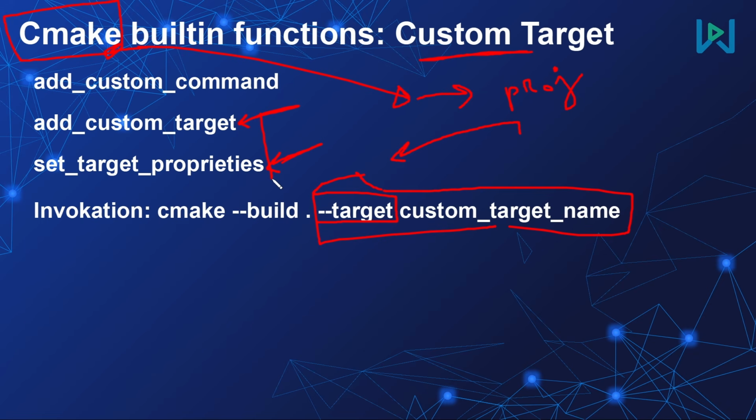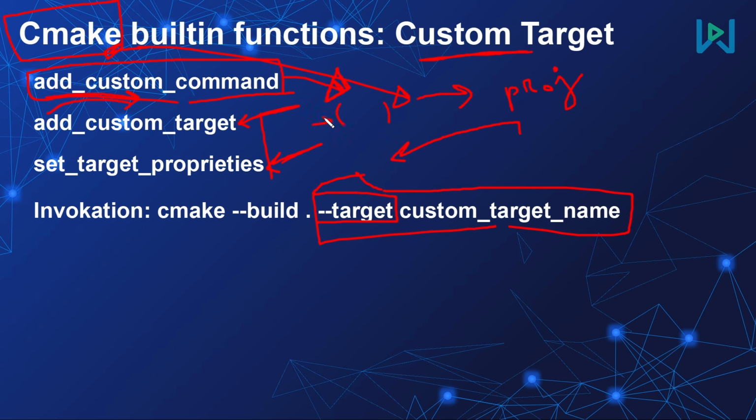Now, beside adding those custom targets, we can also instruct CMake to execute some custom-made commands. And this is done by invoking this add_custom_command. This built-in function will allow providing a set of outputs resulting from the command to be executed.